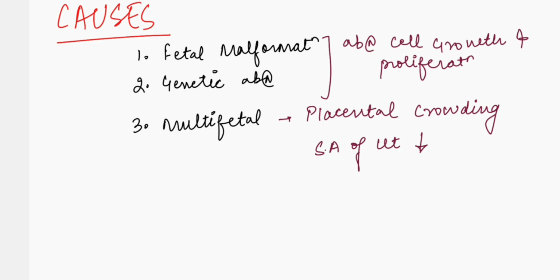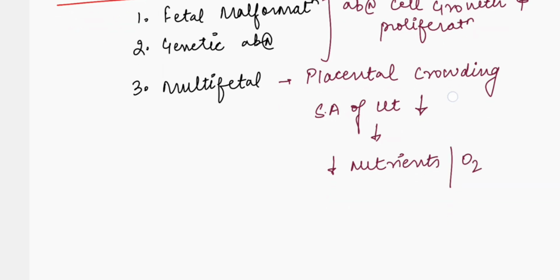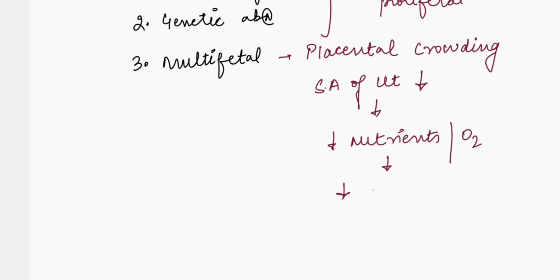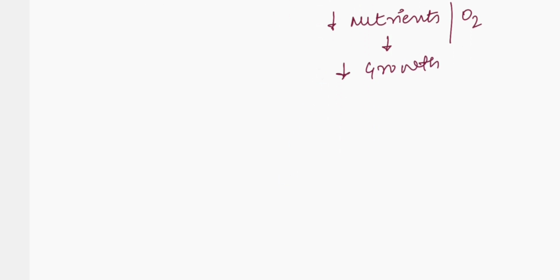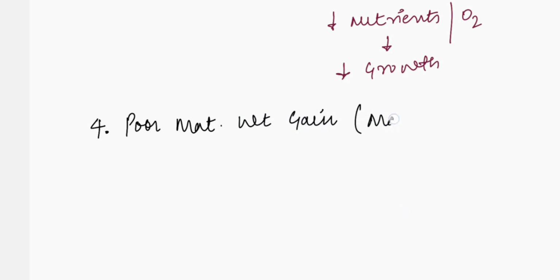Less surface area means less nutrients, less oxygen supply, which leads to decreased growth. Then we have poor maternal weight gain. This can be in malnutrition or poverty.